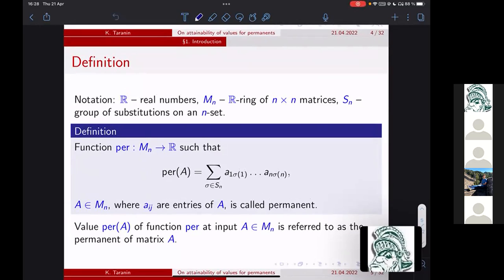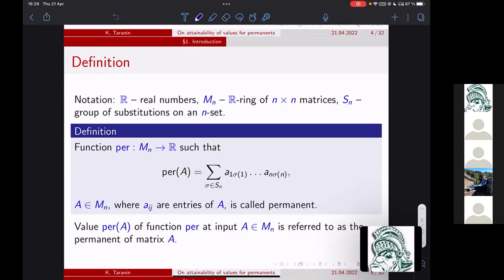And so consider the set of square matrices. Then the permanent function on the set of matrices is defined, as you can see, as the determinant, but without the minus 1 to the power of permutation sign. So it's the sum of all diagonal products without altering the sign.